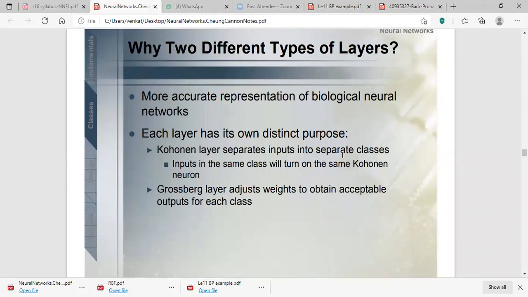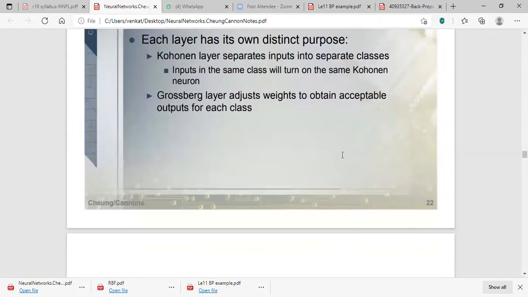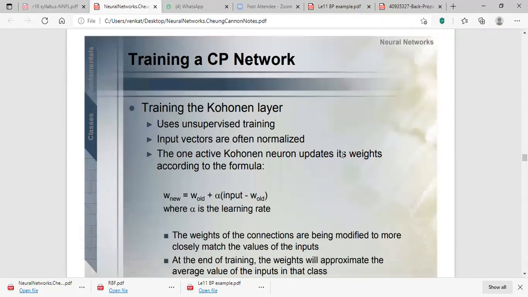This Grossberg layer adjusts weights to obtain acceptable outputs of each class. So, how to train up a counter propagation network? You need to train up your Kohonen layer as well as Grossberg layer neurons also.